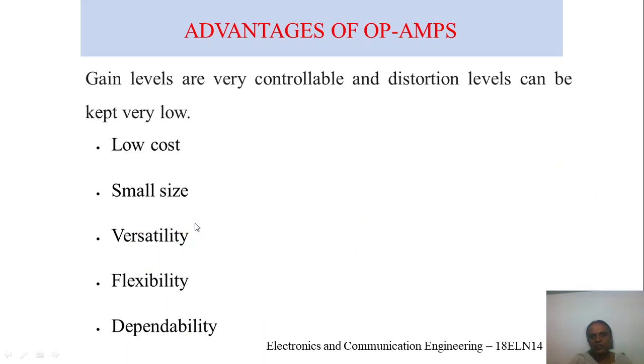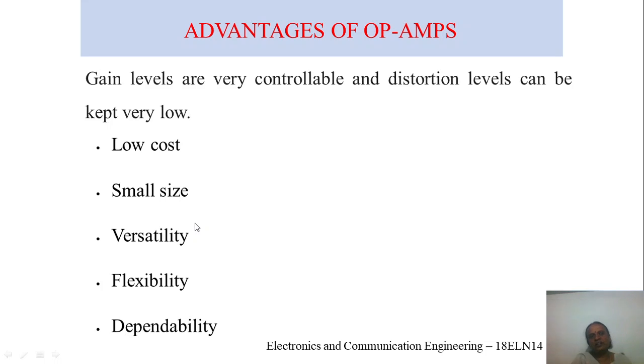Now, going back to the advantages, after knowing what an op-amp is, how many pins it has, what the internal structure, cross-sectional view and op-amp architecture are, what are the advantages we are going to get?